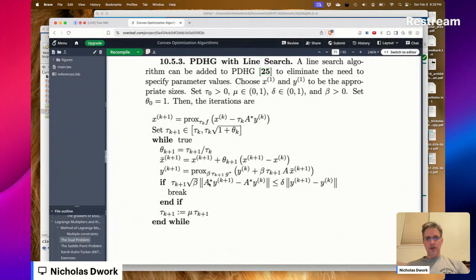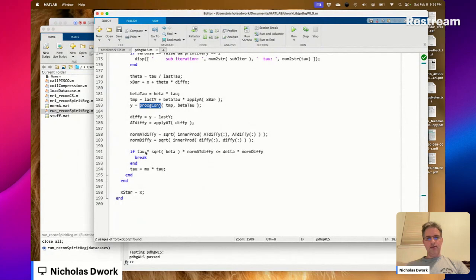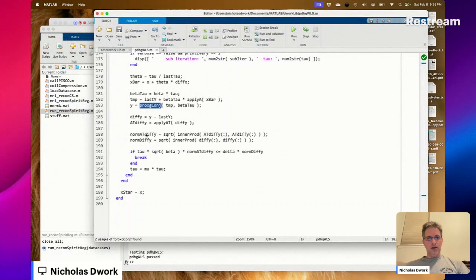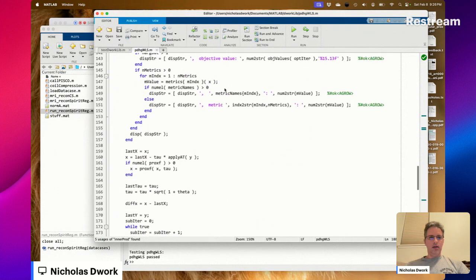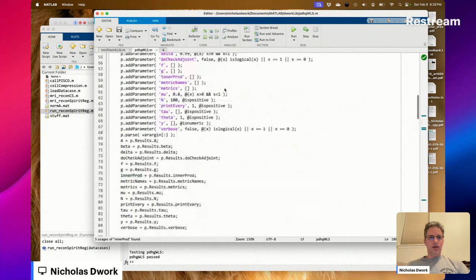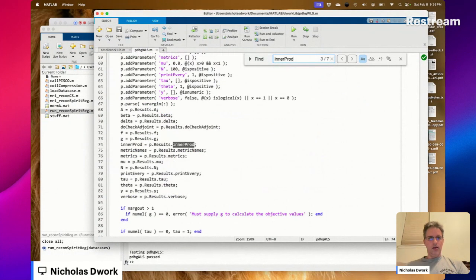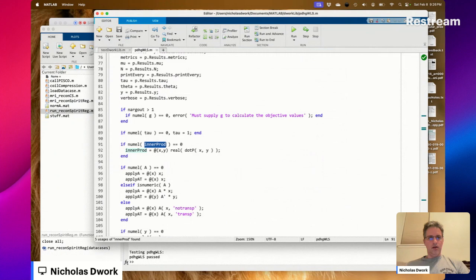If tau times the square root of beta times the norm of A^T diff y.